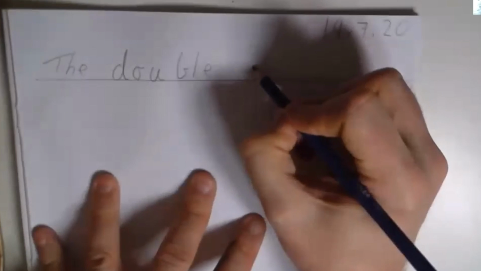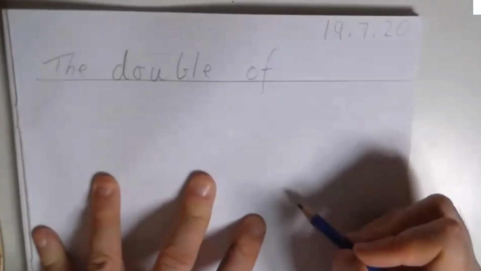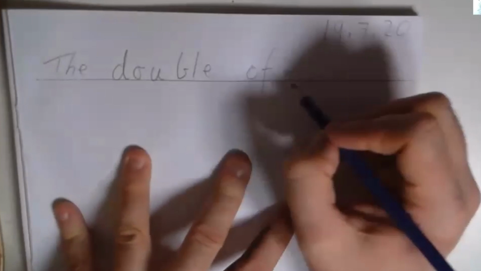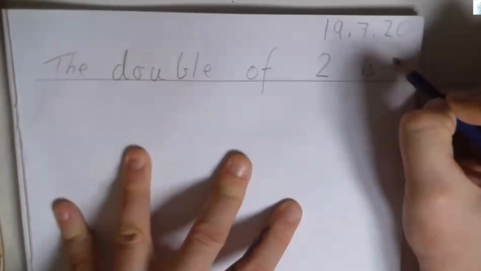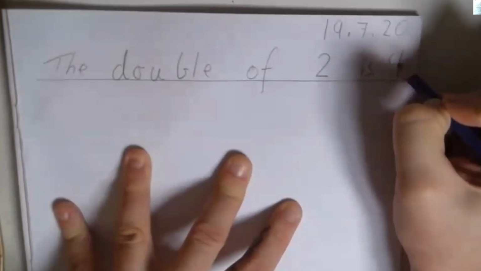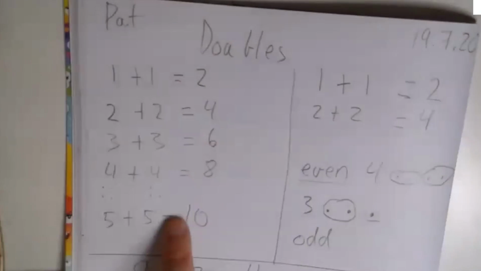The double of, you could write the number 2 with letters, or you could write it with numbers, that's fine. The double of 2 is 4, once you know. If you wanted a bit of an extension or a little bit of a challenge, and remember, you've already done all that double work there.